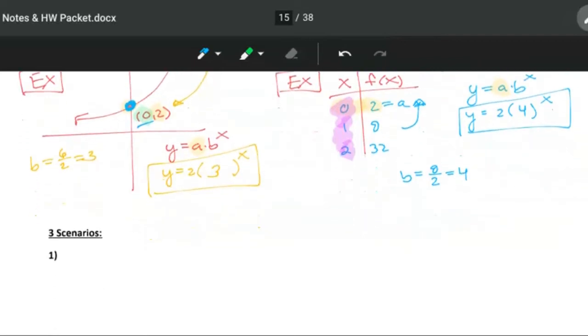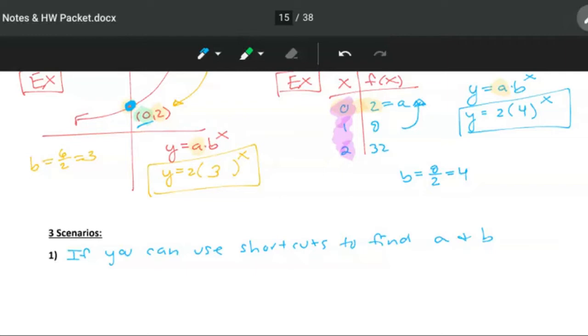All right, so step one: if you can use shortcuts to find A and B. And what I mean by that, A, the y-intercept, is obvious. They either gave you a table with the y-intercept in it, or they gave you a graph and you can see the y-intercept.